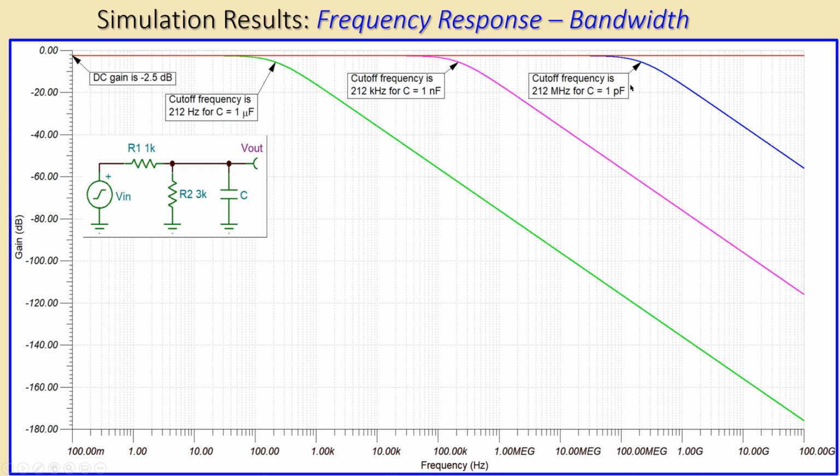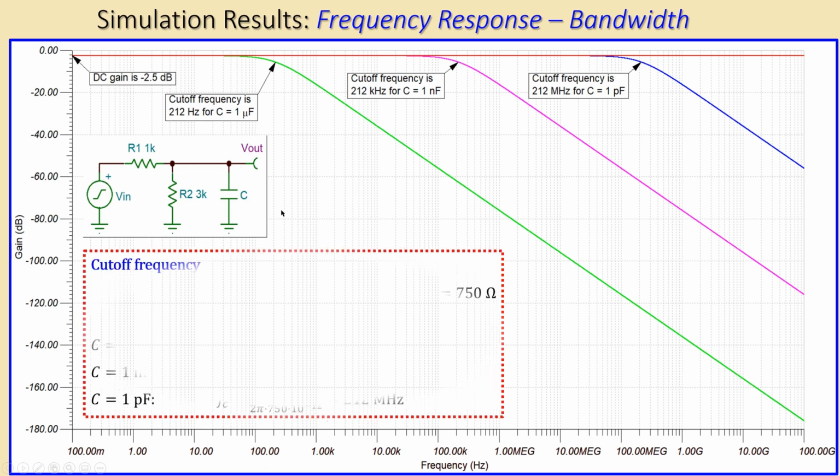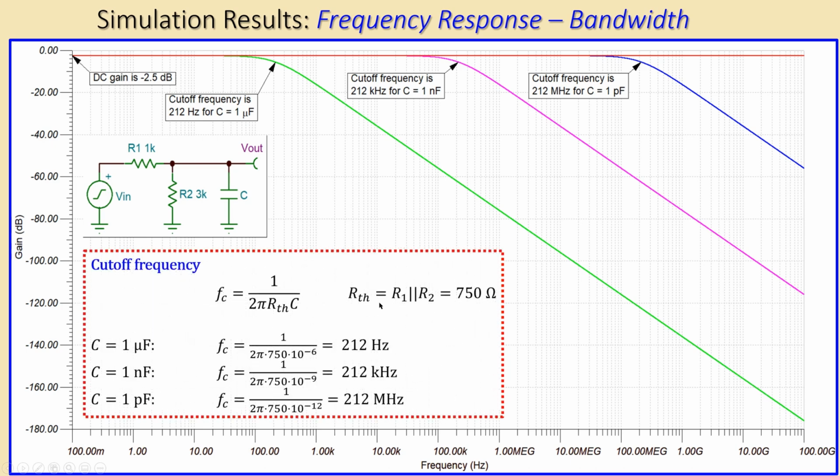So if I decrease the capacitor, I will increase my cutoff frequency, in this case increase my bandwidth. This is also given here, and I will of course use the Thevenin resistance of 750 ohms, because the capacitor will then see these two resistors in parallel when I disable this AC input voltage.